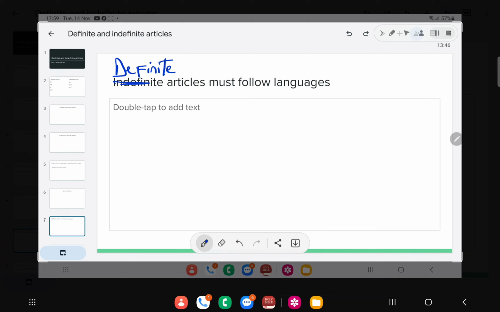For example, if I wanted to write the language Arabic, I would say l'arabe, l' Arabe. If I wanted to say German, it would be l'allemand.